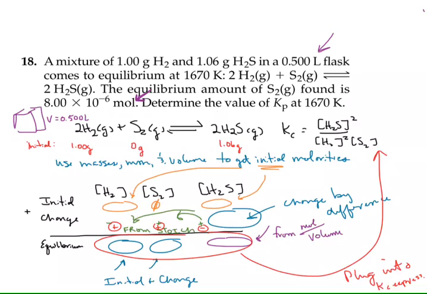Did I get the equilibrium right? Let's see. H2. Determine the Kp. If it's not at equilibrium, and there's none of this, to get some of this, it has to go from right to left.